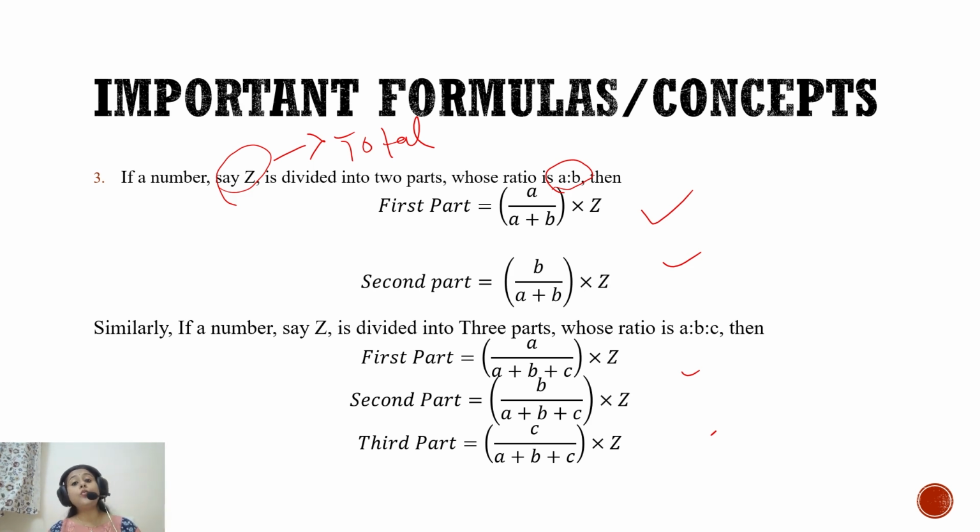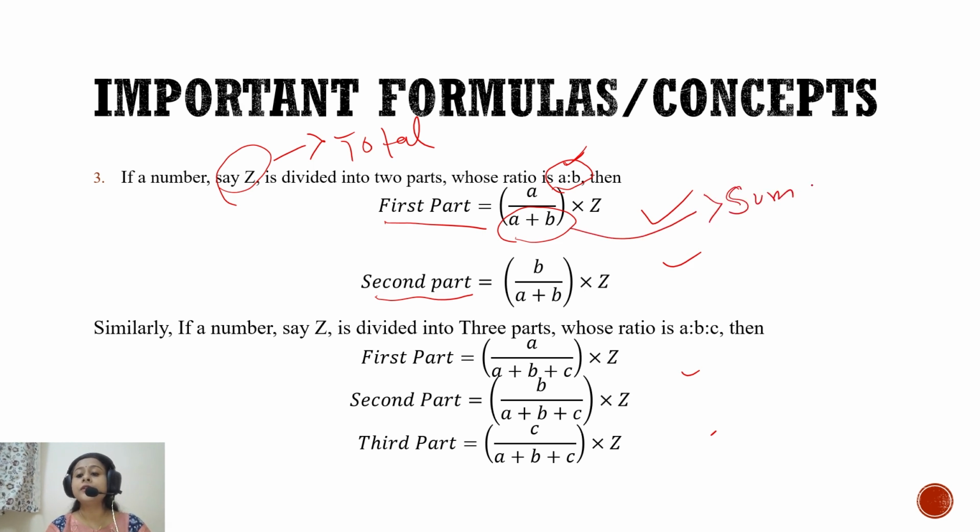Now what is the formula to find out the amount of the first part and the second part? We need to find out the sum of the ratio.